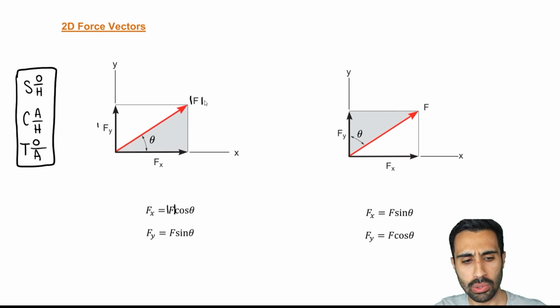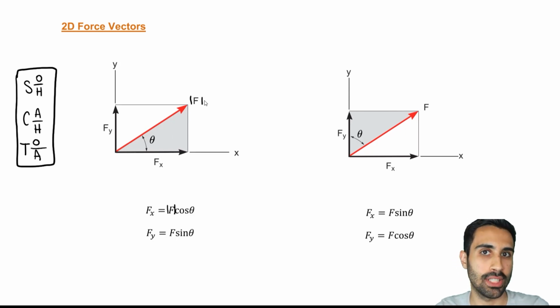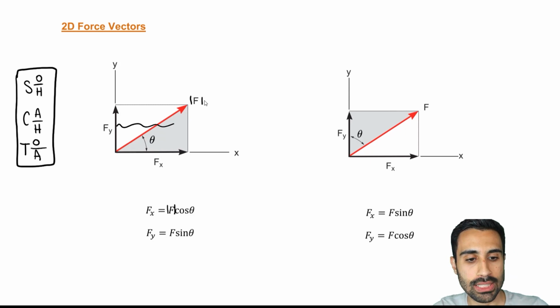But what we could do is take this Fy, we're allowed to move this force vector because we're not changing its magnitude. And the direction is just going up. So it's just going up in the y direction, that's fine. If we move it and translate it, we're allowed to do that for force vectors. We cannot, let's say, increase the length of the vector, that changes the magnitude. But we can translate it and move it.